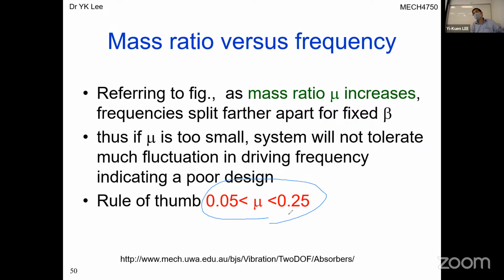That's a typical way to come up with a reasonable design in the beginning. Different mass ratios lead to different performance, so it's important for all of you to consider how to come up with a reasonable design for this vibration absorber.